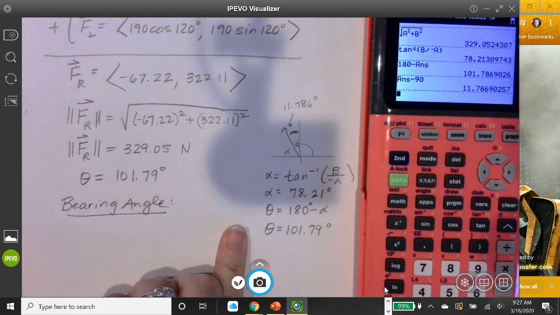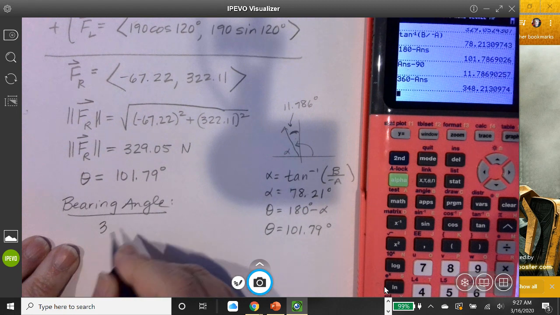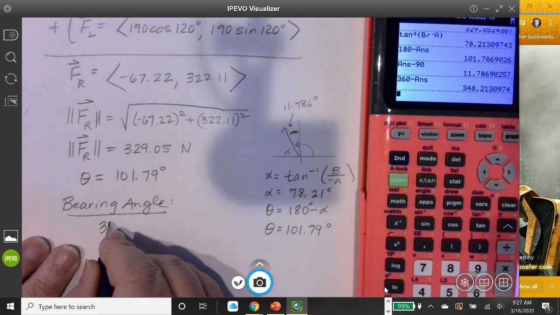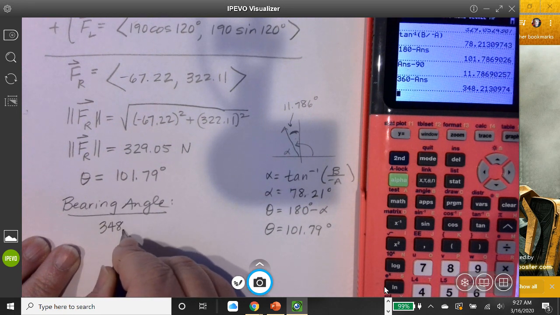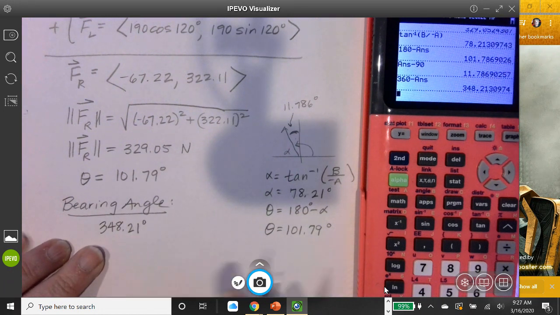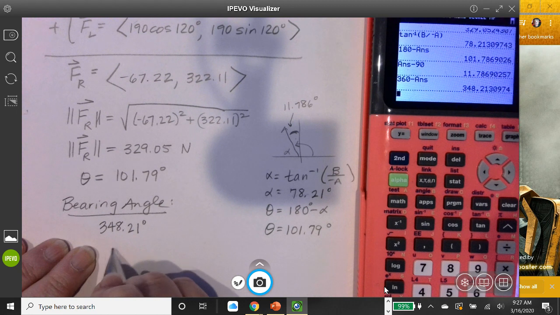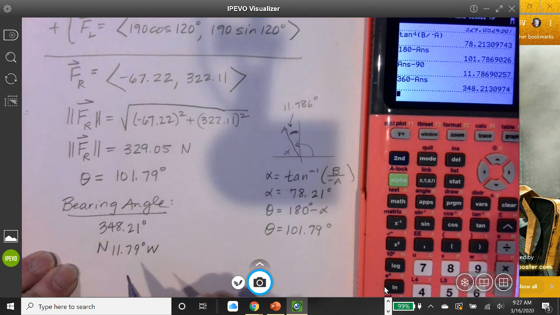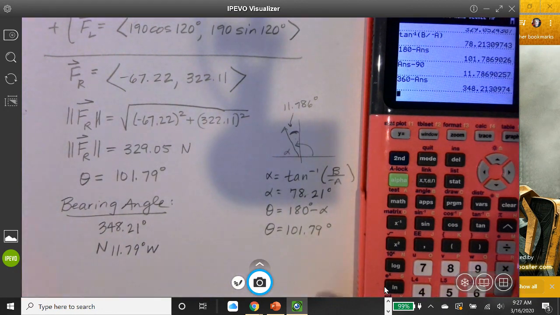So I'm going to go 360 minus that answer, and we get the bearing angle is 348.21 degrees, which means we're 11.79 degrees west of north, right? So there we go. Ta-da!